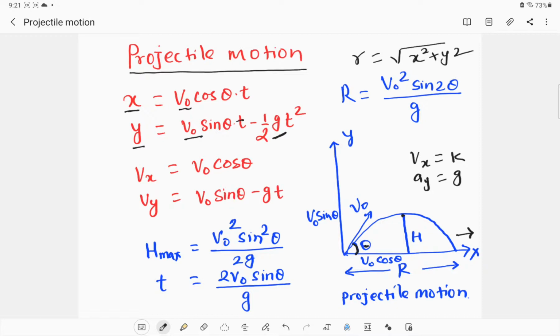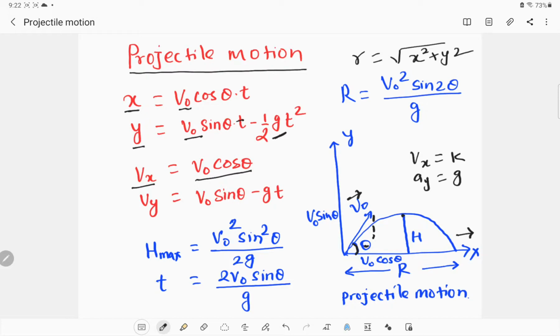Once you know the position, our goal is to find velocities. So splitting into components, first find the x velocity. If this is v naught, which is a vector, right? Velocity is a vector. You can split this velocity into the x component, which gives you the x velocity, v naught cos theta, right?